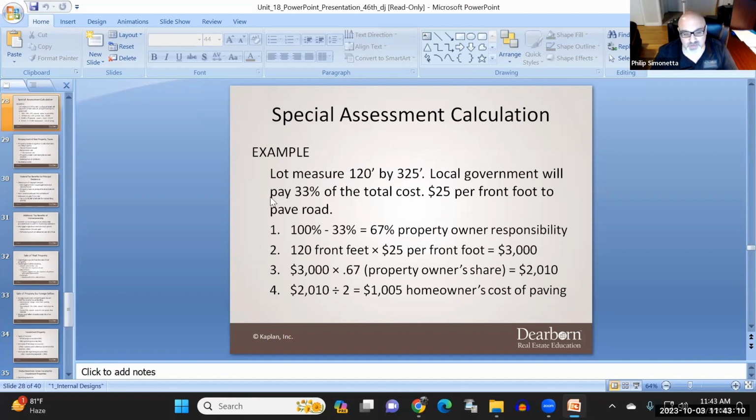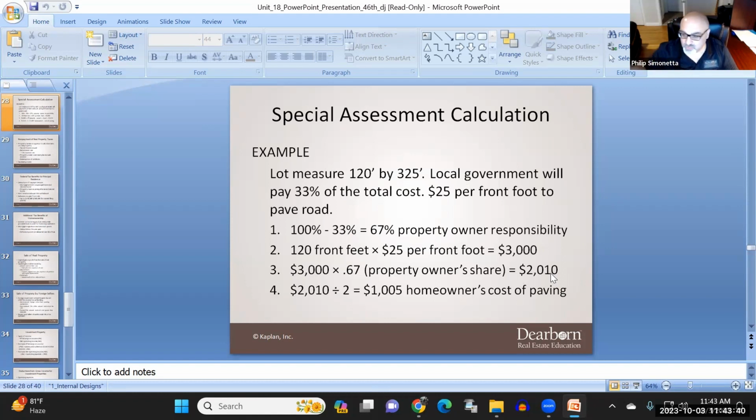It says the local government will pay 33% of the cost. So what you do is you take 100% minus 33%, and it leaves you 67%. You take 120 feet by $25 per foot, which is $3,000. That $3,000 times 0.67, right, is 67%, is what the property owner's share is, right? 2,010.